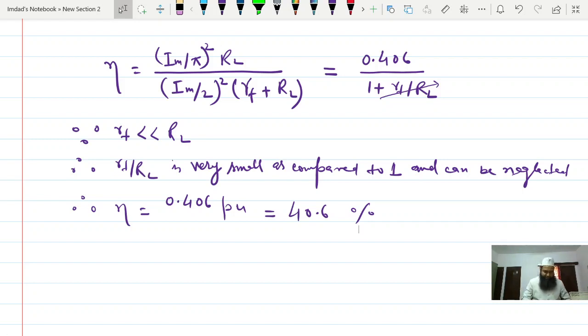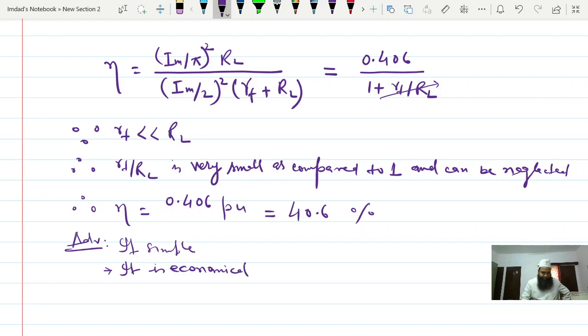The advantage is it is simple, and since only one diode and one transformer is used, it is cheap or economical.